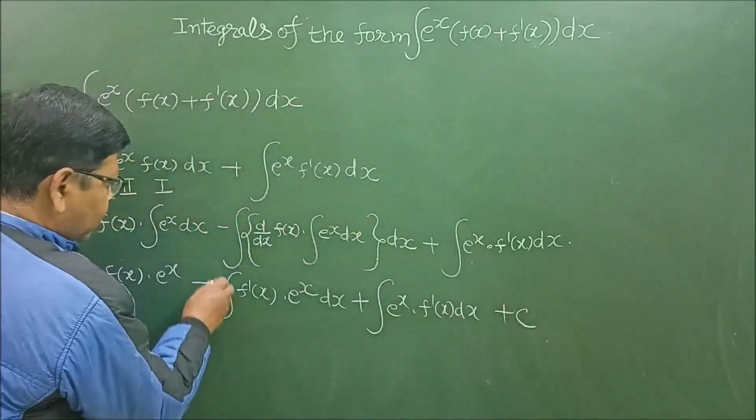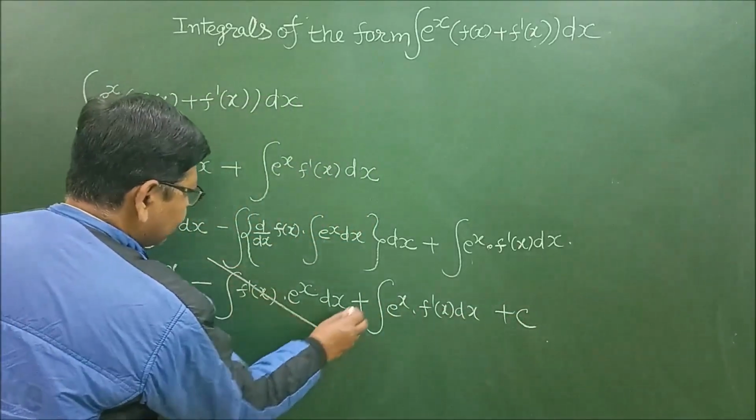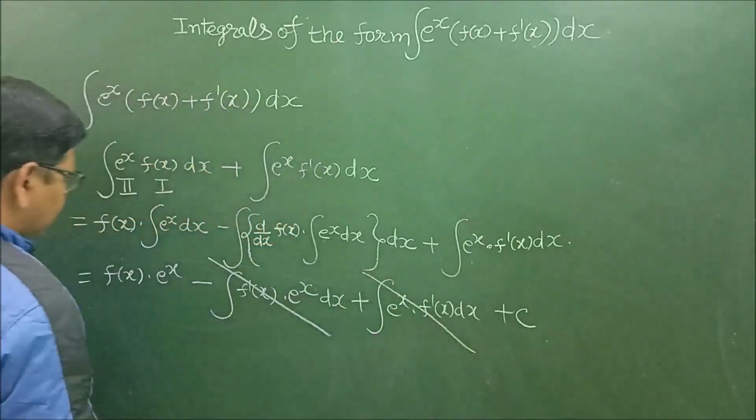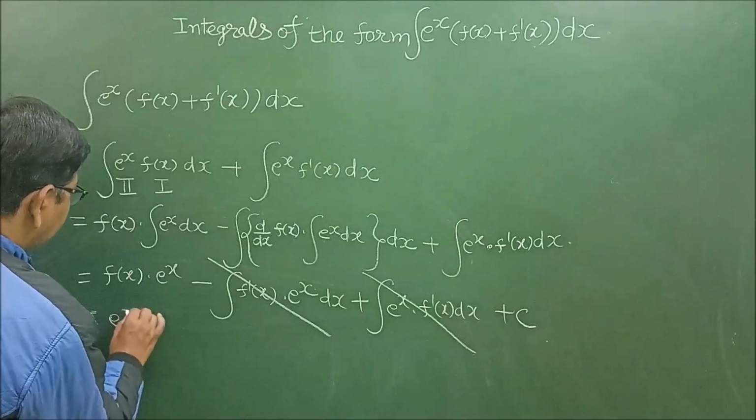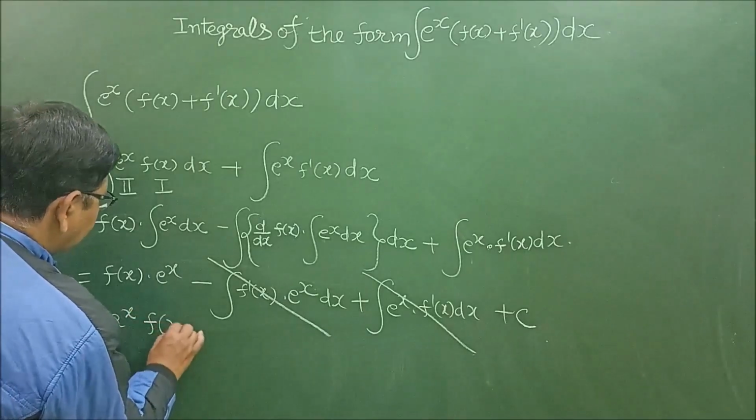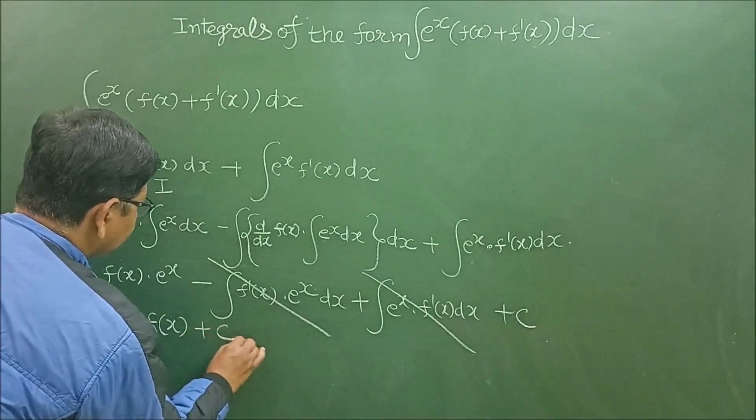Here these two integrals get cancelled, so the final value of this integral is e raised to the power x f(x) plus c.